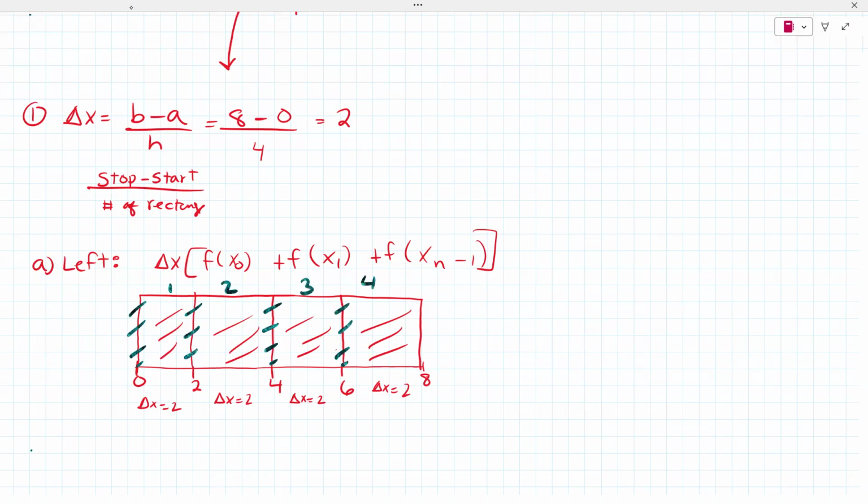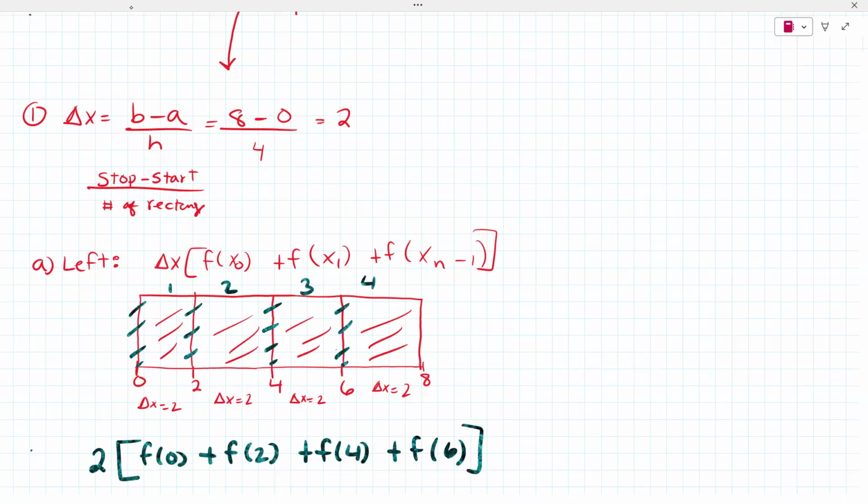Look, they all have a delta x of 2, so we could just factor out a 2 and find the heights: f of 0 plus f of 2 plus f of 4 plus f of 6.